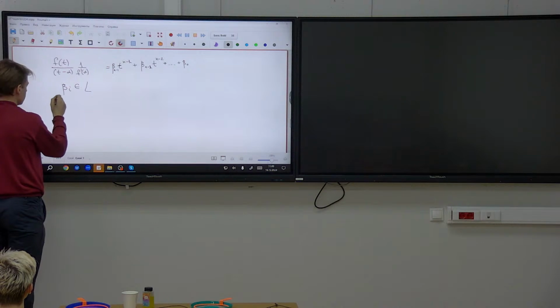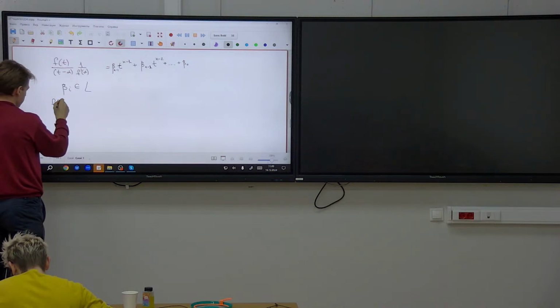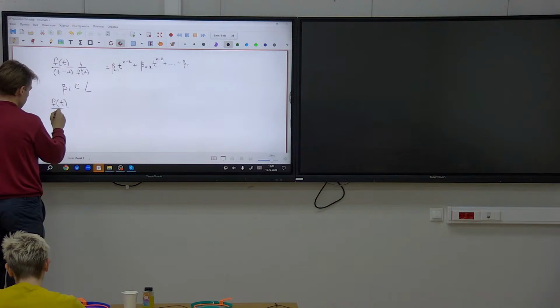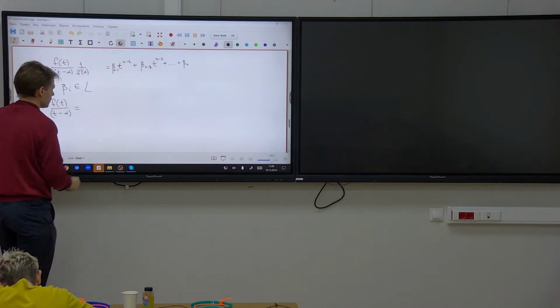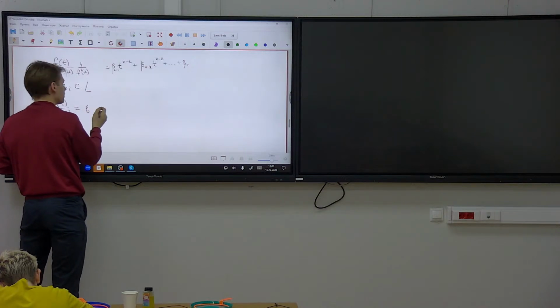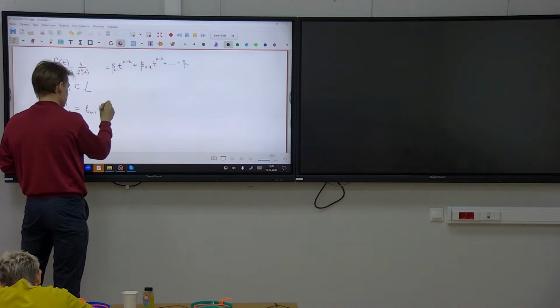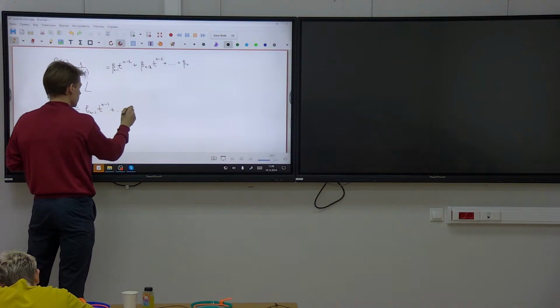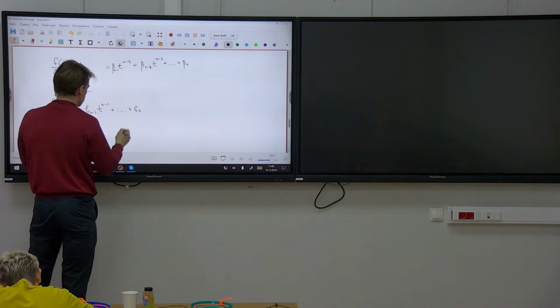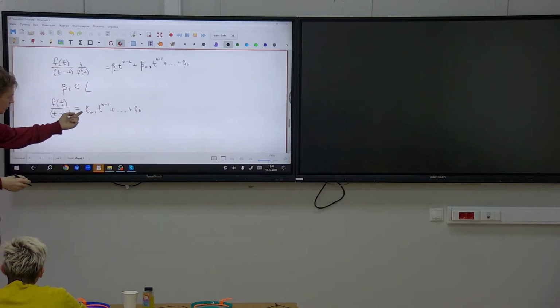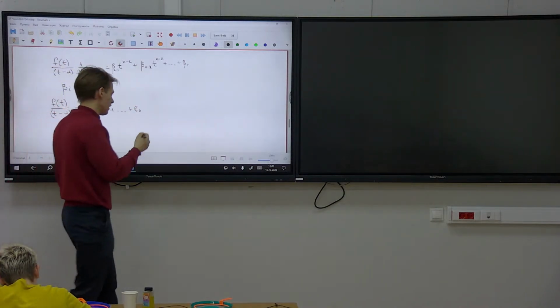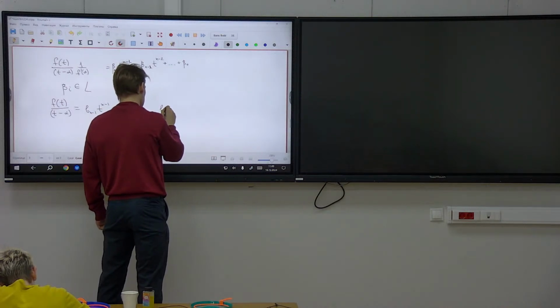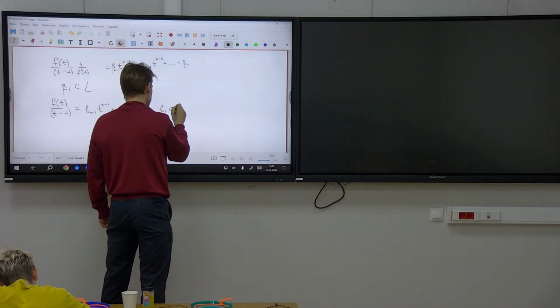If you look at f of t over t minus alpha, I write the same formula, but with b n minus 1 t to the n minus 1 plus up to b0, and this is not a coincidence.